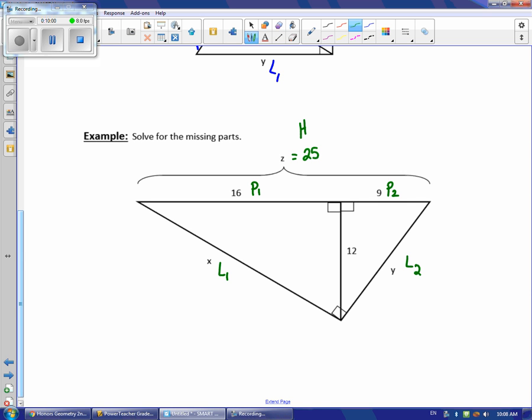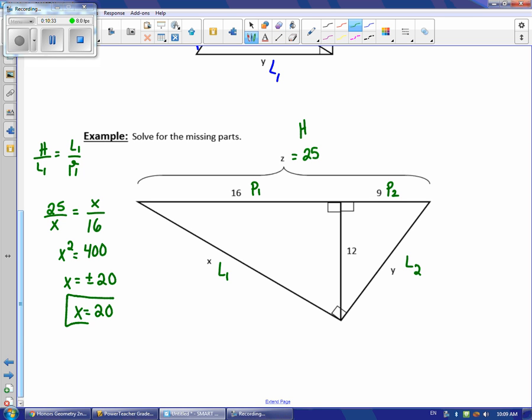Okay, if I want to solve for X first, using HELP with leg 1 and part 1, 25 over X equals X over 16. Okay, we get X squared equals 400, and then X should be plus or minus 20, and again, we're only going to keep positive 20 because we're looking at a length of a side of a triangle.